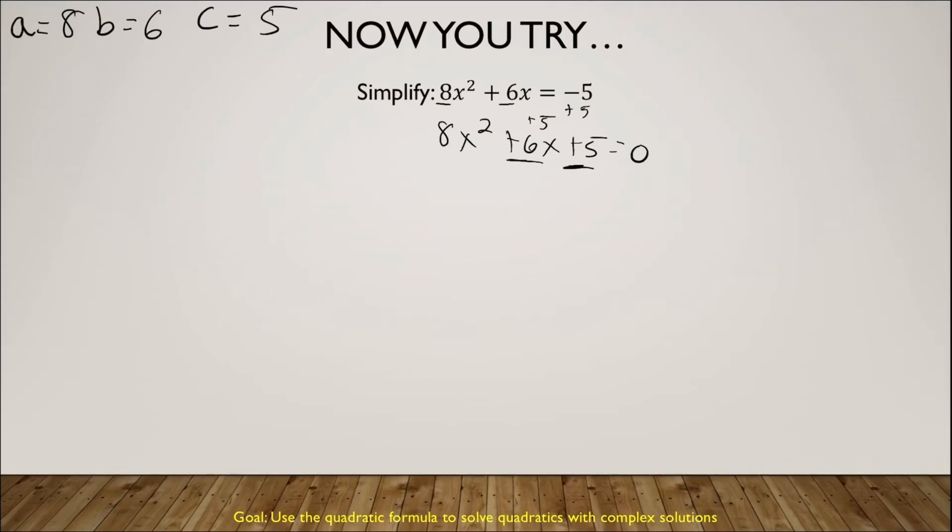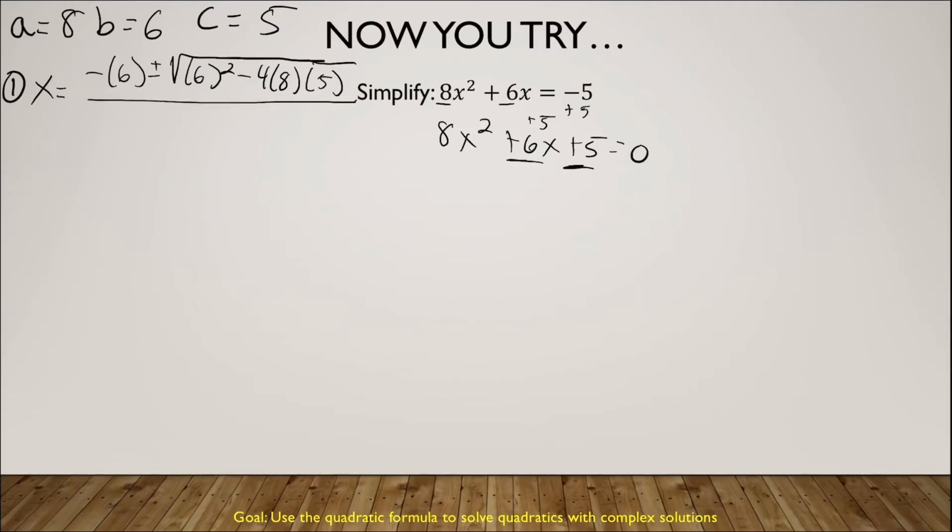All right, now that I have that, I can input those numbers into my quadratic formula. So I get negative B plus or minus the square root of B squared minus 4 times A times C, all divided by 2 times A. Okay, now we're just going to simplify within that. So we get negative 6 plus or minus the square root of 36.